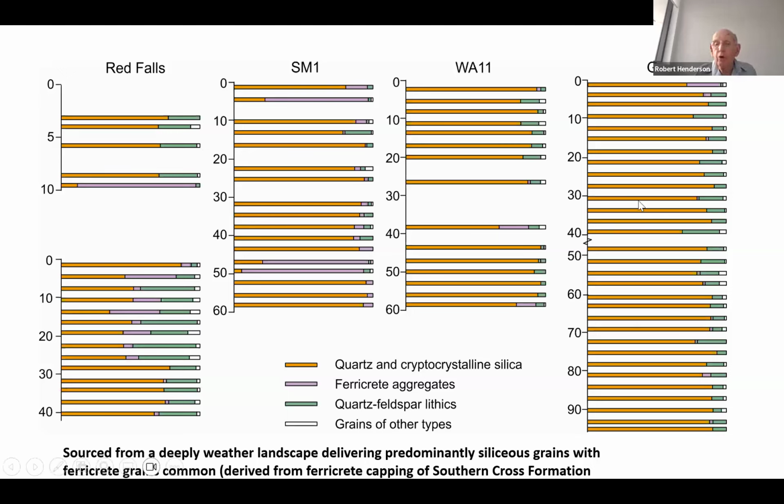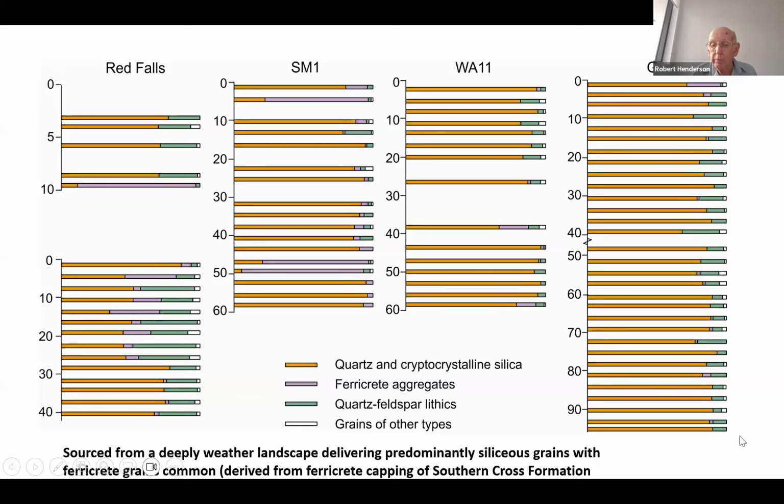Absolutely dominates over here, a little bit less so here, a little bit of quartz feldspar lithics, shown by this greeny colour here, but a persistent presence of ferricrete aggregates as well as framework grains, and you can see they're quite prominent in some samples, and there's a persistent presence, as you can see by the little purple bits that show across here.